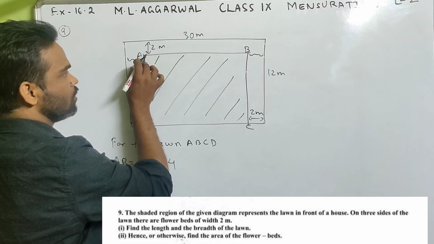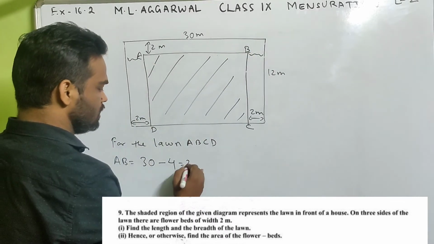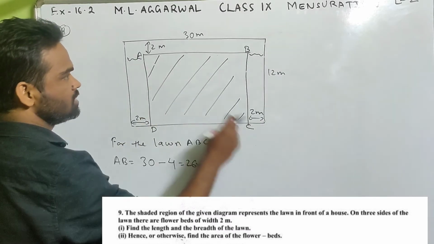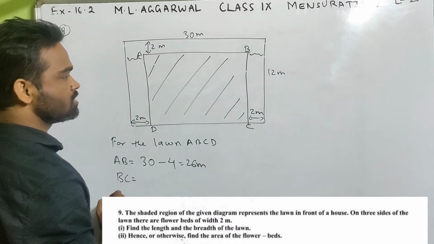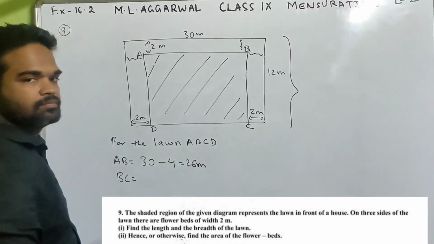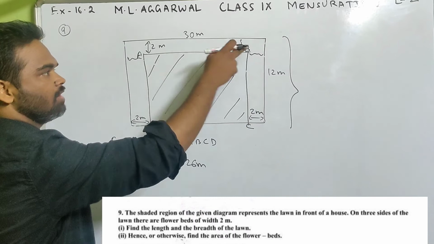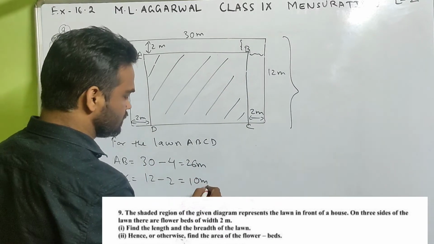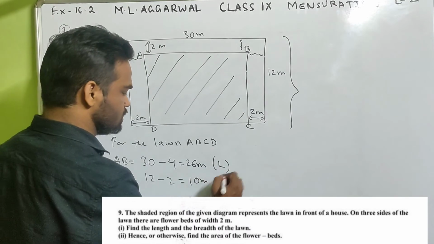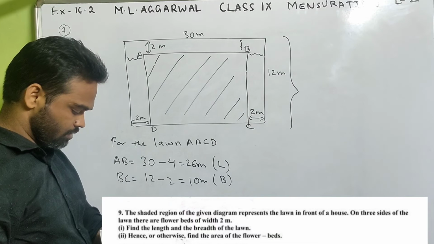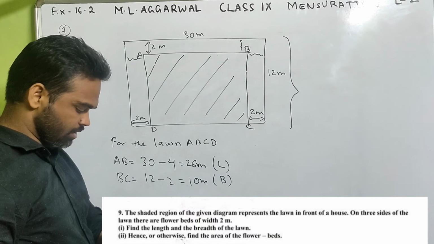So 30 minus 2, 28, minus 2, 26 meter. But if you look at the breadth, BC suppose, which is the breadth, which is 12 minus 2, because only on one side you have this flower bed. So 12 minus 2, that's 10 meter. So the length is this, the breadth is this for the lawn.